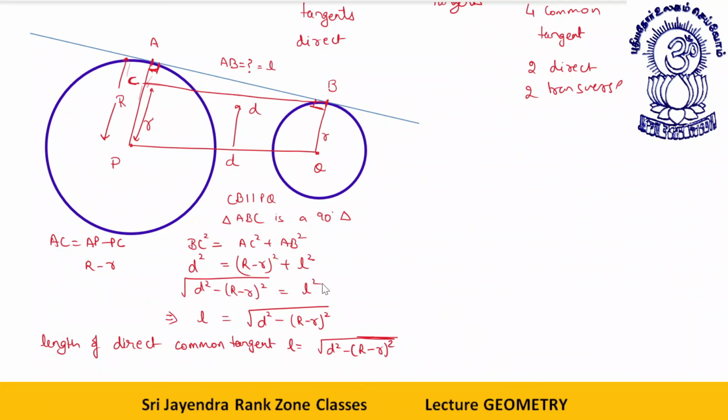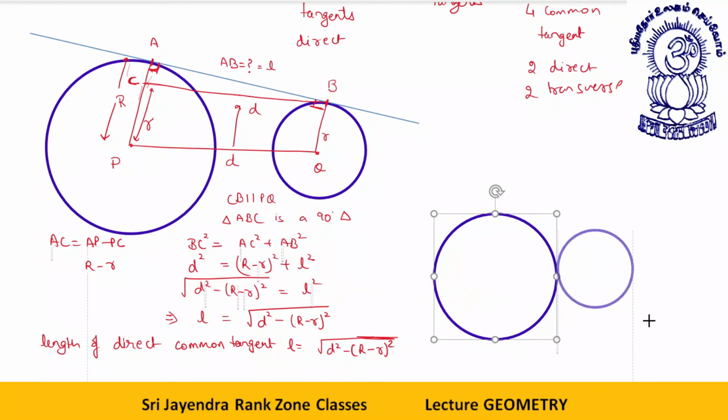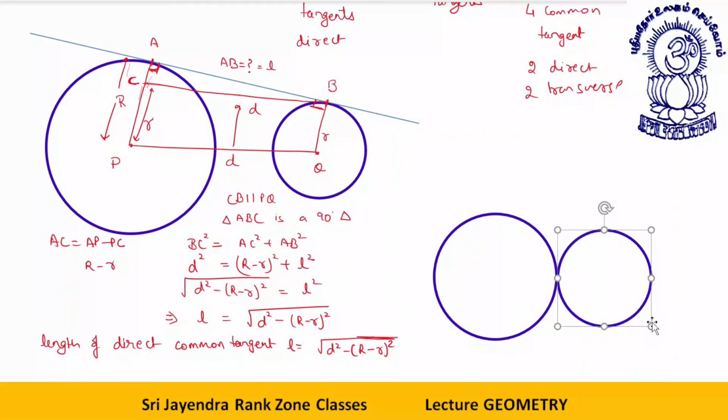This is done. Next thing, dear students, what happens if I say these two circles intersect? If these two circles intersect, what will happen? See, I take a circle over here. I take a smaller circle further over here. Fine.